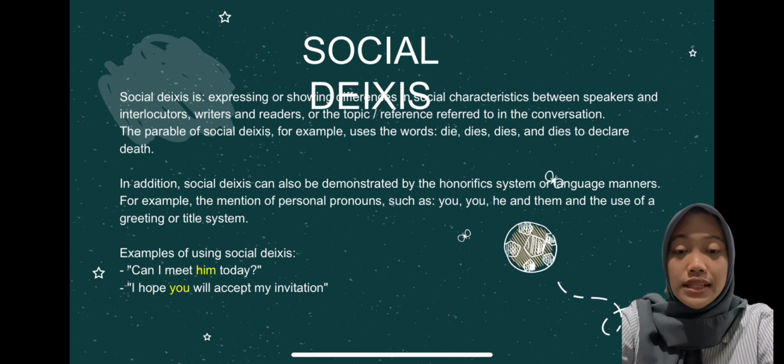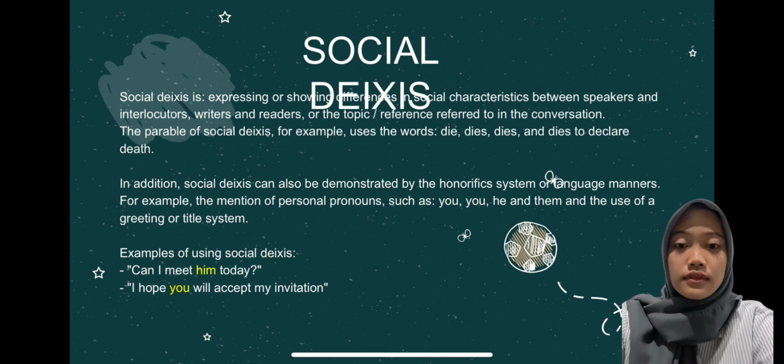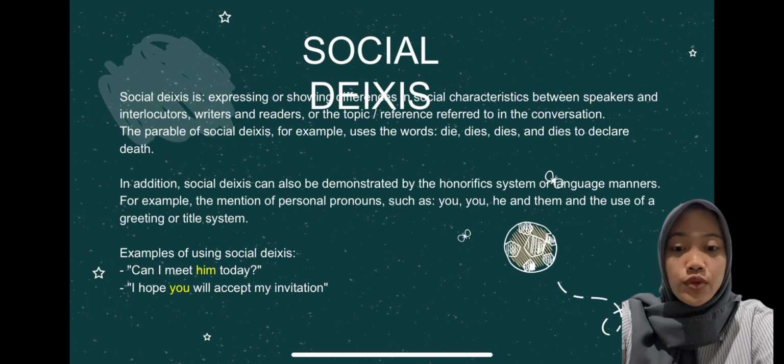For example, using the words die, mati, meninggal, and wafat to declare death. Each of these words is used differently, as well as the replacement of the words homeless, blind, with visually impaired, all of which are grammatically called euphemisms, the use of smooth words.